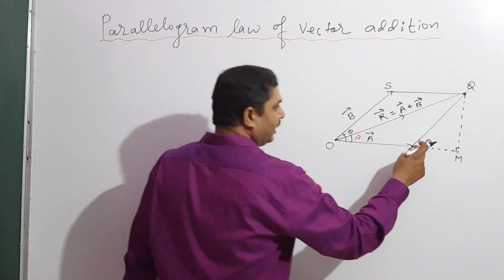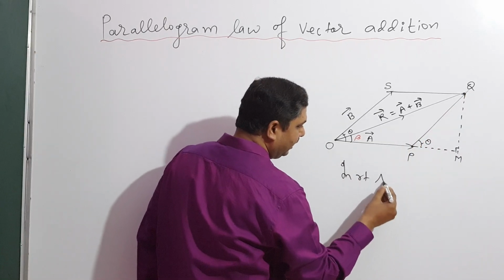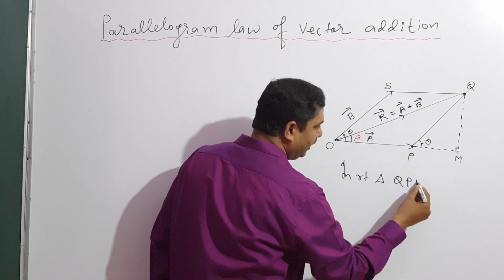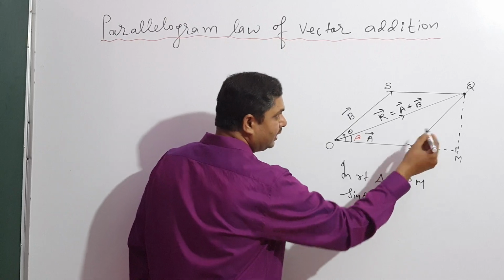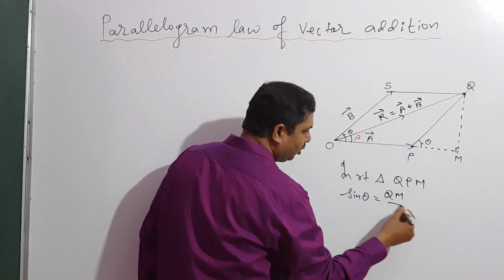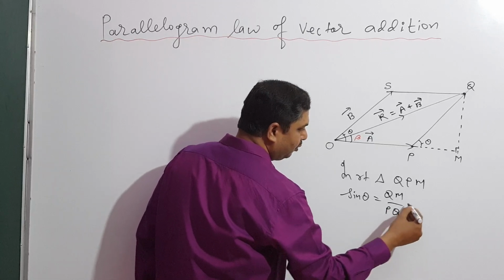Now first of all, in this right triangle QPM, you take sine theta. Sine theta equals QM upon PQ.